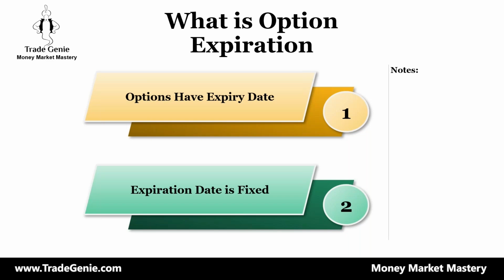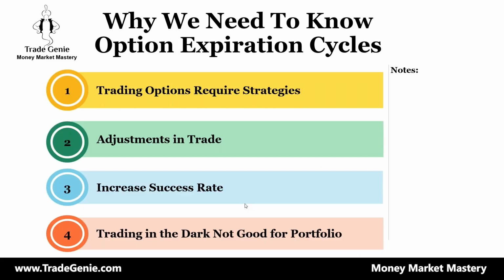An expiration date is fixed; once it's defined, it's fixed. Knowing that, what else is coming up after this one expires? That can be determined through understanding the option expiry cycle.